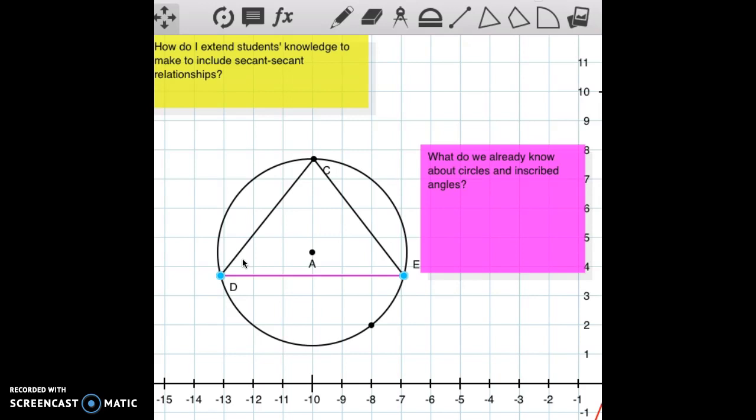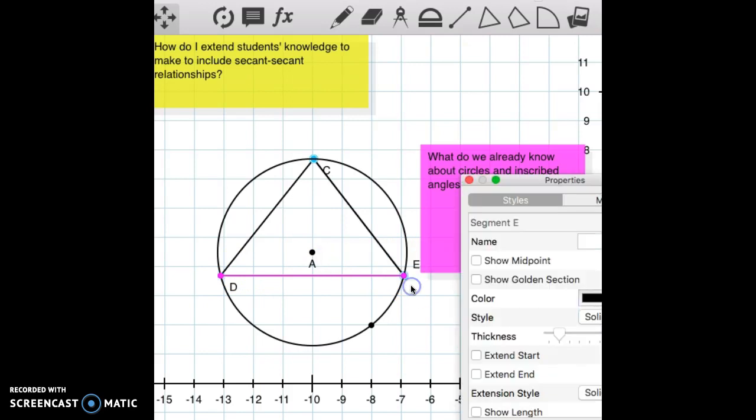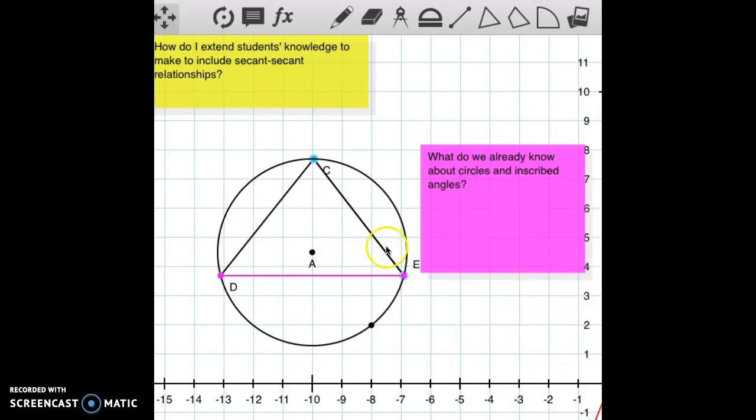And then they also know that they could get the arc measurement, so that this arc D all the way here to E, I apologize, I still haven't learned how to do the colors yet, that arc is half of this angle C. And then they can still find the measure of D and E, because both of triangle DCE have to equal 180.